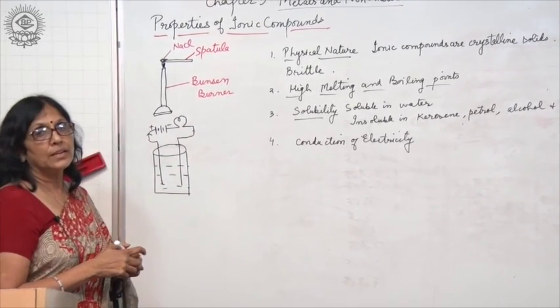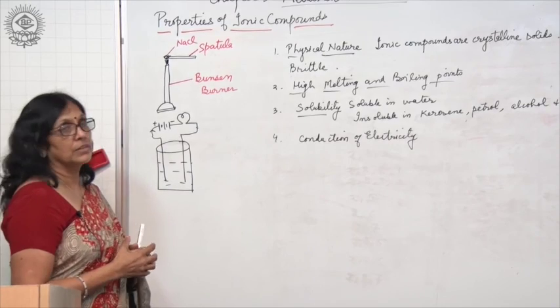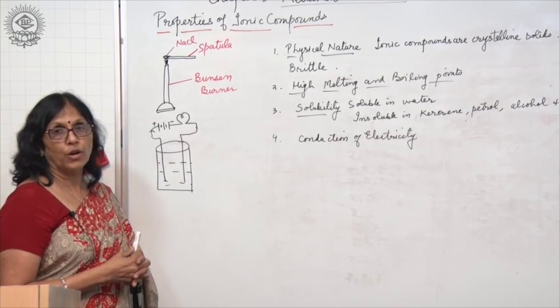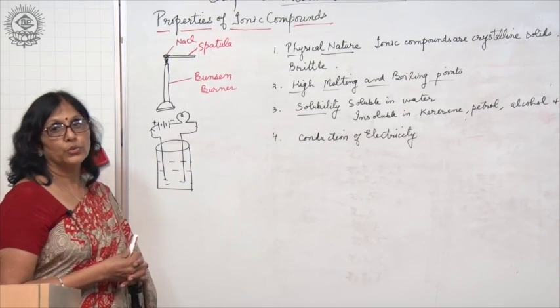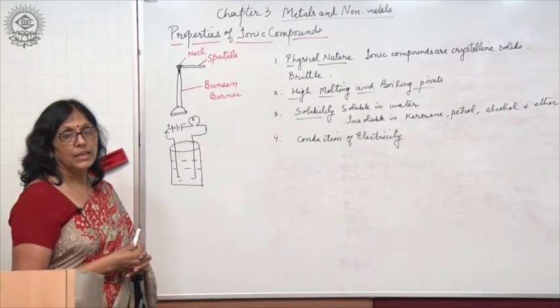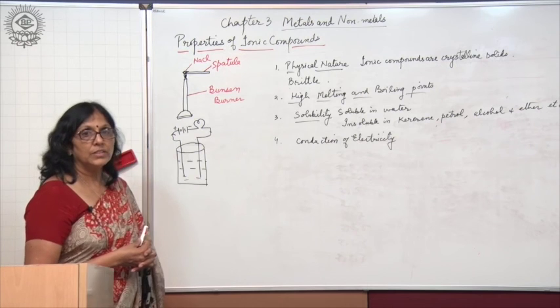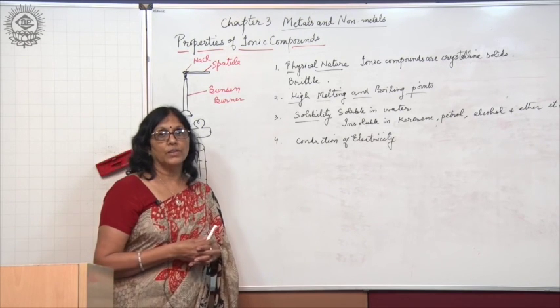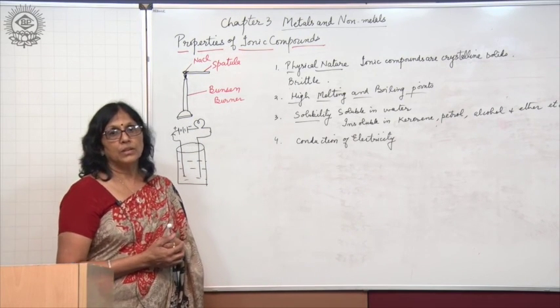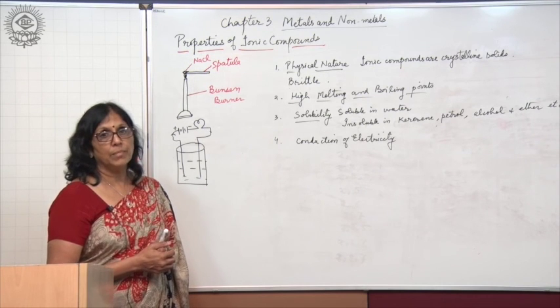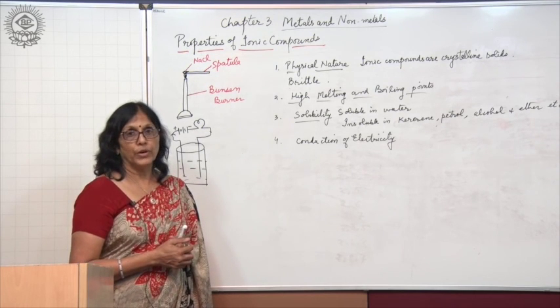It is found that after strong, prolonged heating, only then does sodium chloride melt. It has a very high melting point, and this is the case for all ionic compounds: they have very high melting and boiling points.